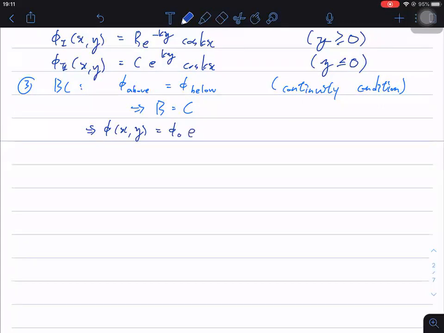And we can combine the case for y greater than 0 and y less than 0. So we have exponential of minus k times the absolute value of y, multiplied by cosine kx. So this form combines the two cases, y greater than 0 and y less than 0.